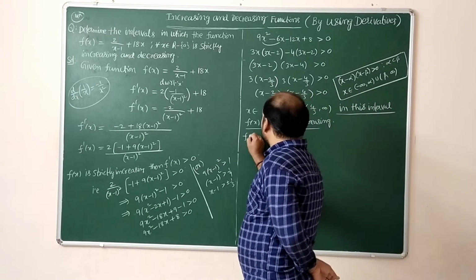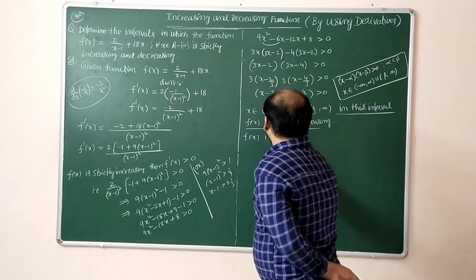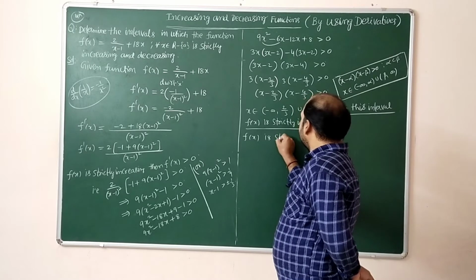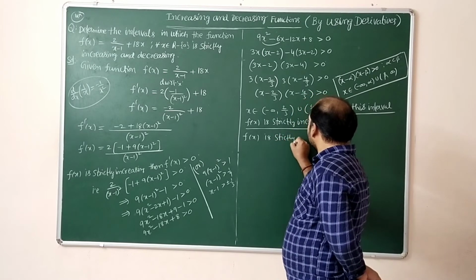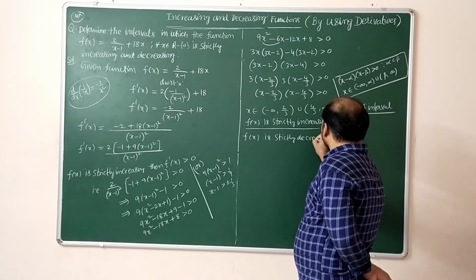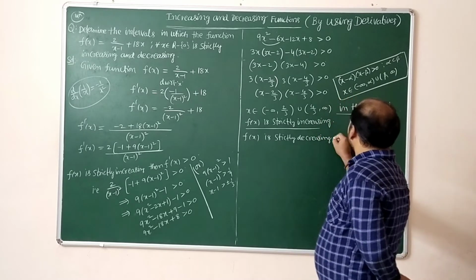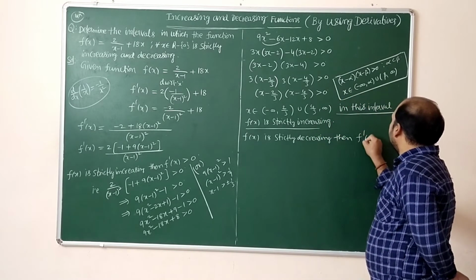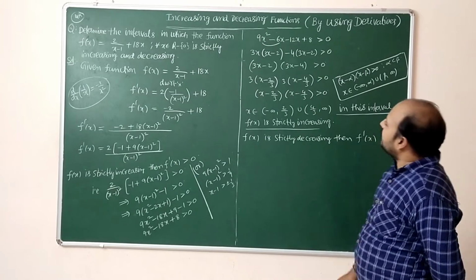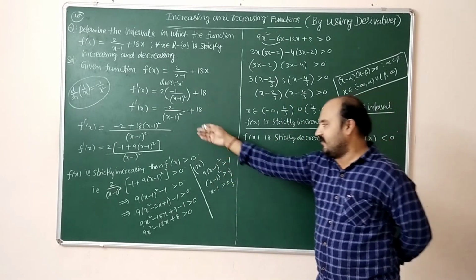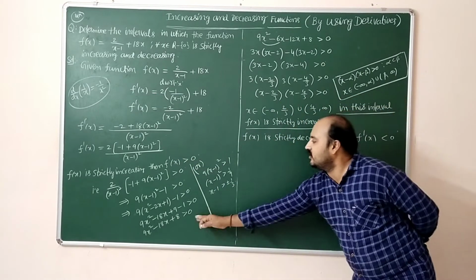Now the second one, f of x is strictly decreasing. Then f dash of x is less than 0. What is f dash of x? This value directly you can take. Instead of writing this, this value is equal to this one only.